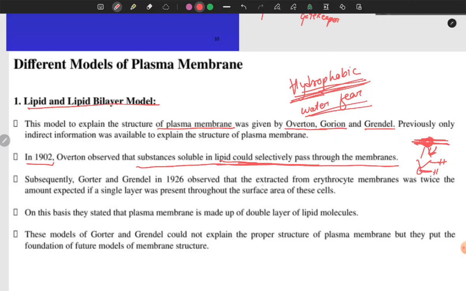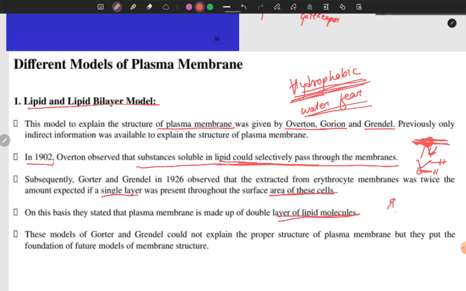Subsequently, they observed that the lipid extracted from the erythrocyte membrane was twice the amount expected for a single layer covering the surface of the cell. On this basis, they stated that the plasma membrane is made up of a double layer of lipid molecules.